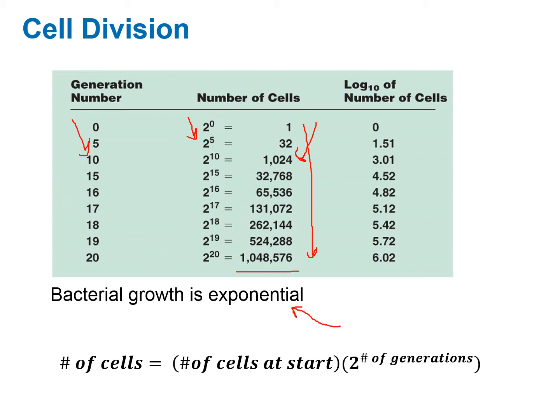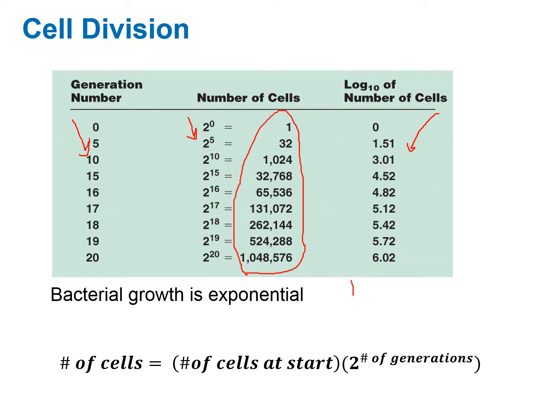So scientists have actually come up with an easier way of writing the numbers. This makes the numbers more manageable, and that's to take the actual number of cells that we've calculated here in this middle column, and take the log of that.